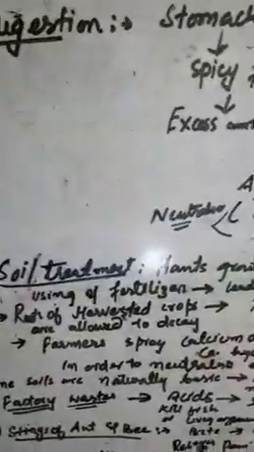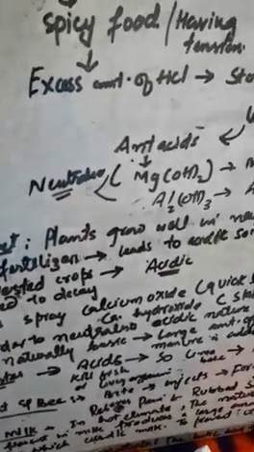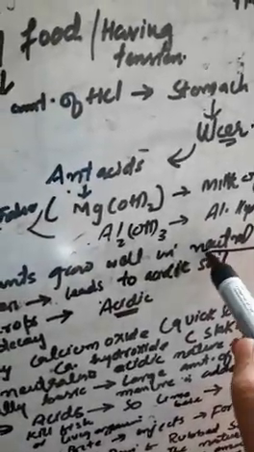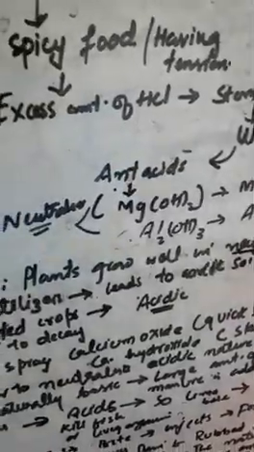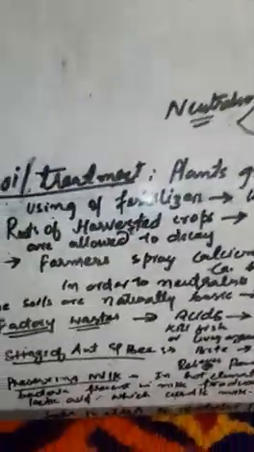Second example is soil treatment. Plants grow well in neutral soil. However, due to the use of fertilizers, the neutral nature of the soil gets converted into acidic soil.